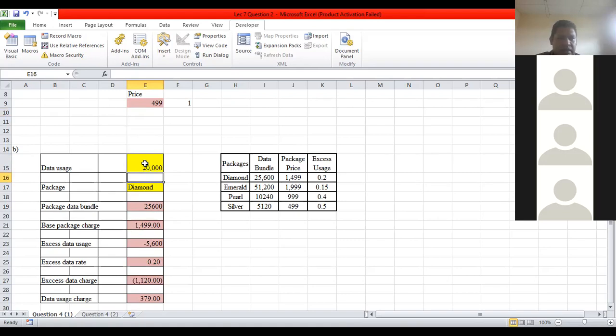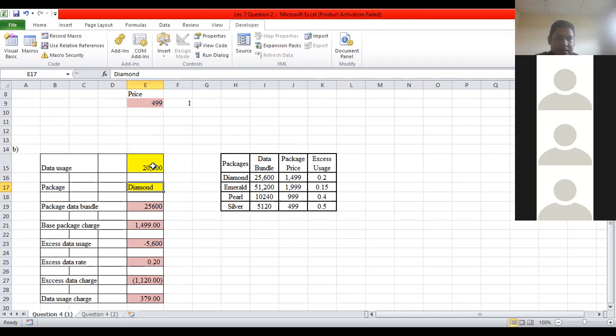Right, that is in fact what I wanted to emphasize with you. You can see that with that, the excess data comes as minus 5,600. It can't be the case because you know it must be 0, right? So what we need to do with that is use an IF function. We'll see that. Apart from that, the rest of the things you have done correctly, right?